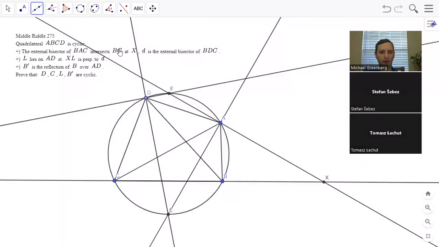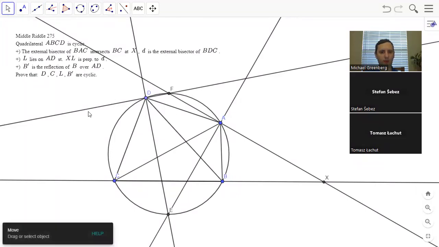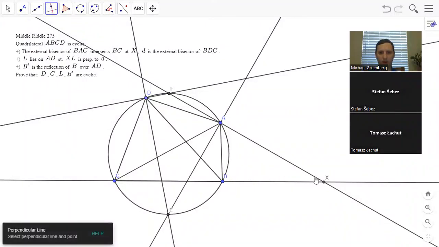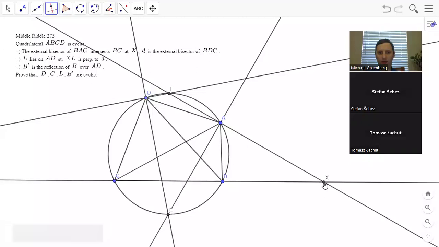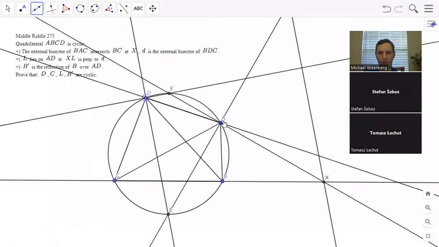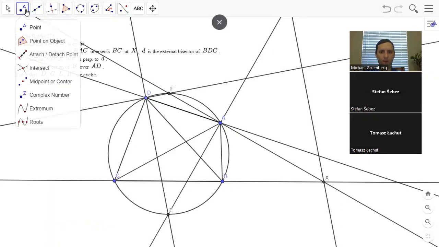L lies on AD such that XL is perpendicular to AD. So this is D. We want XL perpendicular to it. And it lies on AD. Okay. Interesting. So this is L.